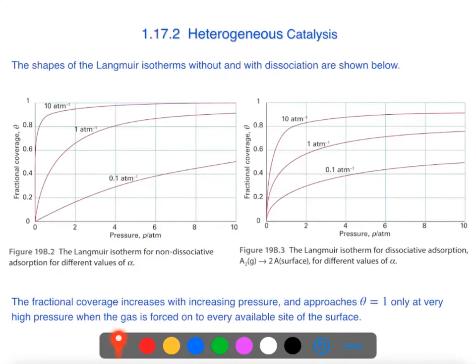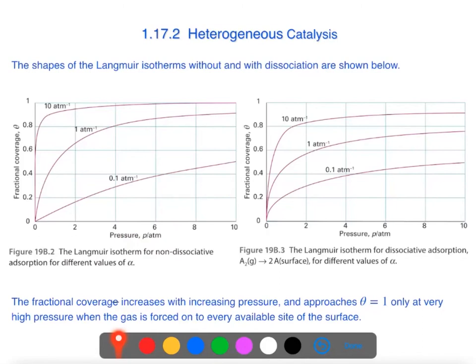So without dissociation, we're referring to physisorption, and with dissociation, we're referring to chemisorption. You can see that the fractional coverage increases with increasing pressure for both and approaches theta equal to 1 only at very high pressures when the gas is forced onto every available site of the surface.